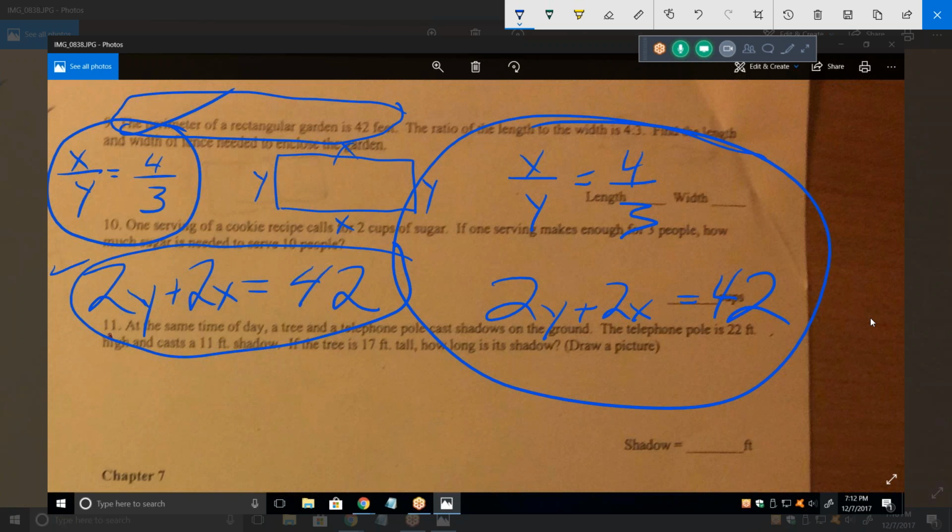What's x equal? Solve that for x. How do you get rid of the y?